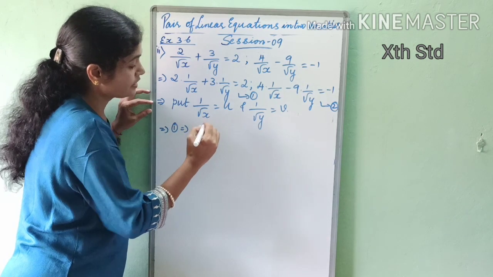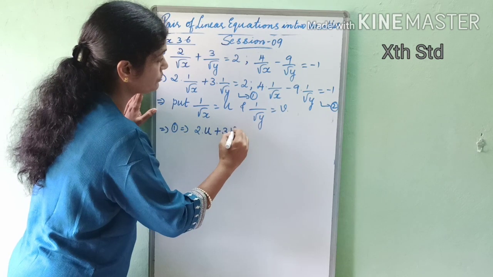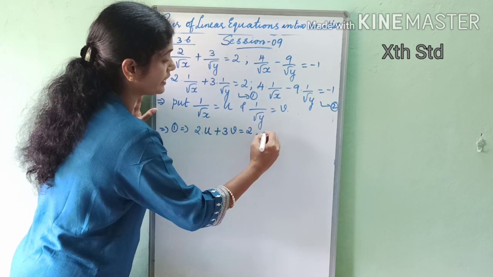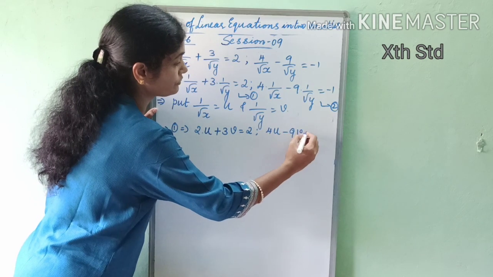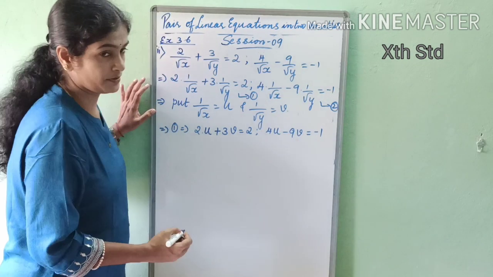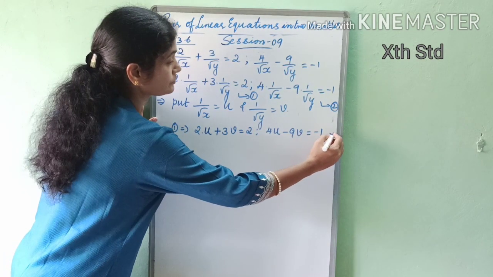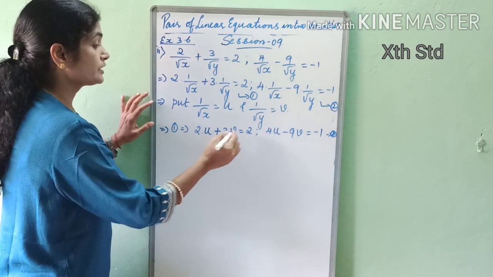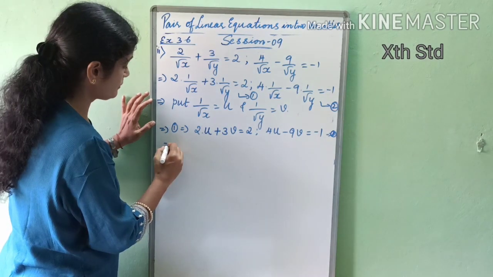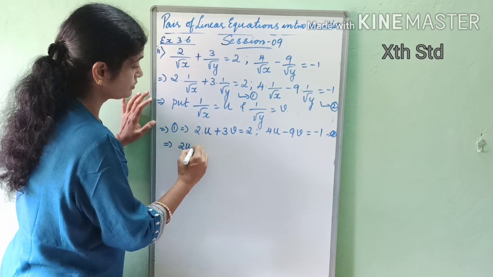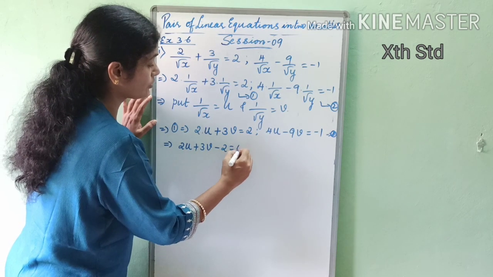So this is 2 into u here plus 3 into v equal to 2, and the next equation 4 into u minus 9 into v equal to minus 1. Right? This is your second equation. Then put them in the standard form, that is 2u plus 3v minus 2 is equal to 0.